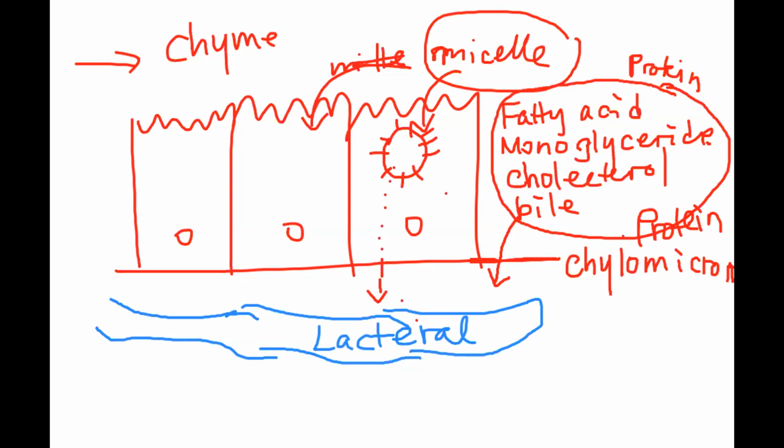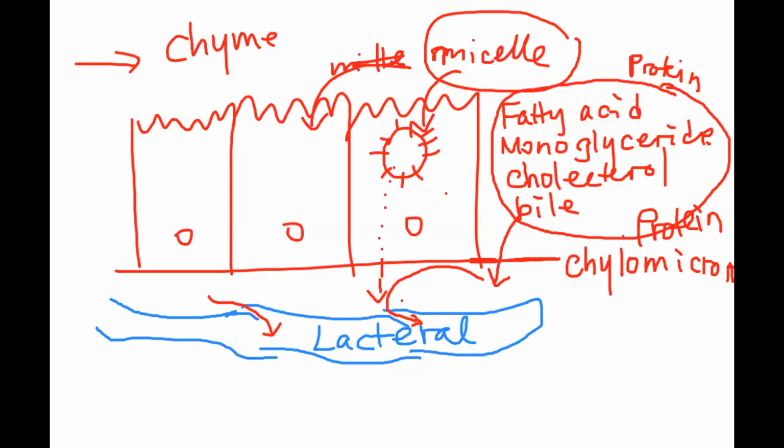Once the chylomicron is out, it can get to the lacteals, because the lacteals have these valves, if you remember, which will allow bigger molecules to get in.